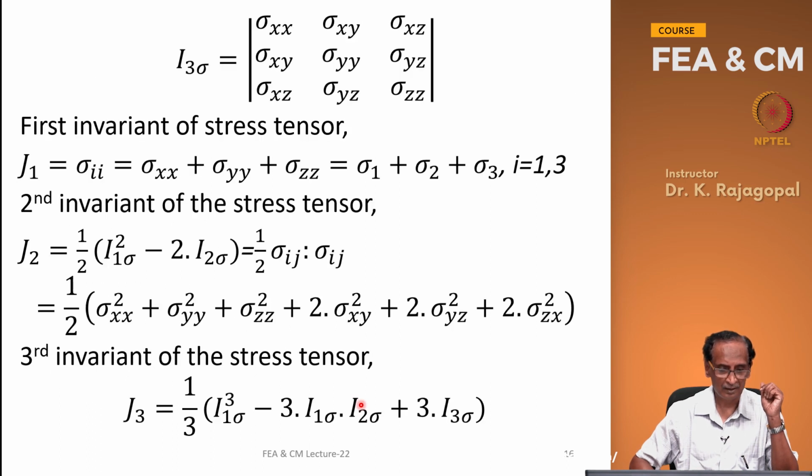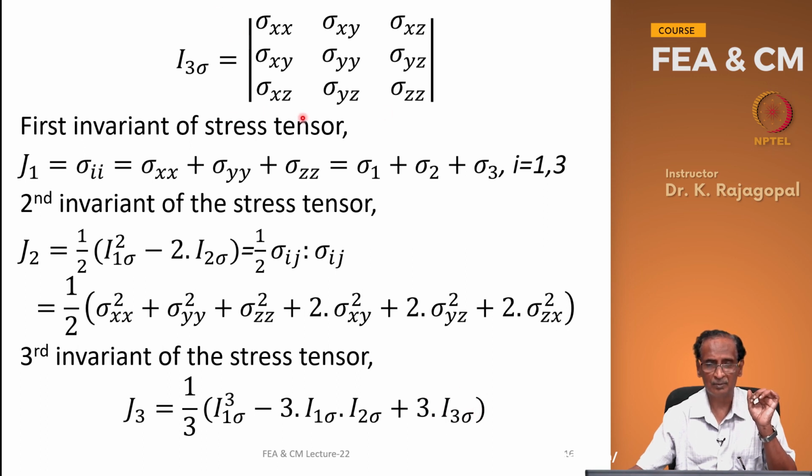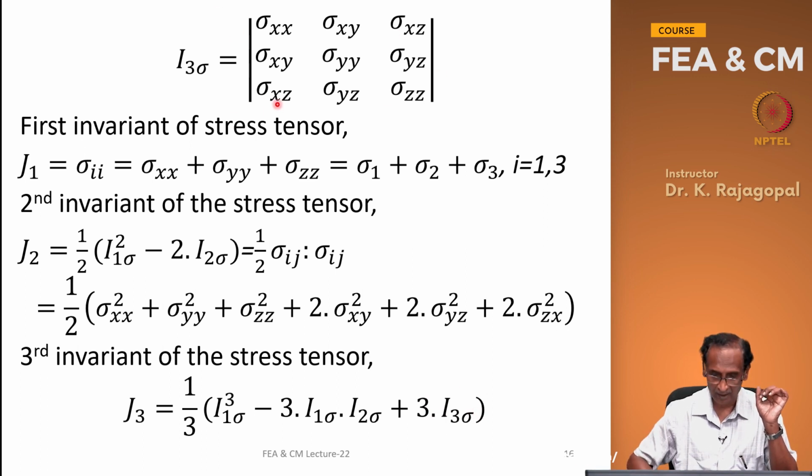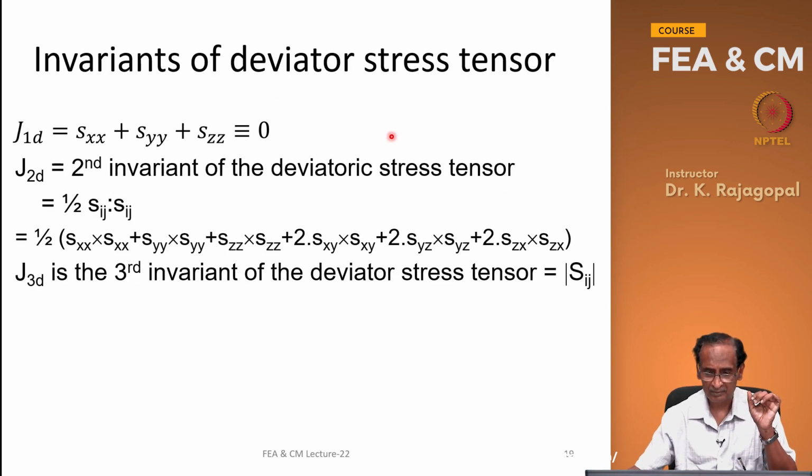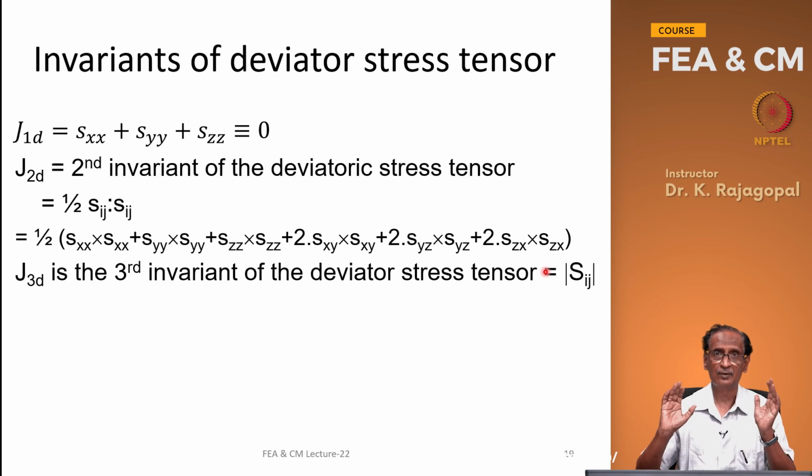And then for J3, I1 sigma is 0 for the deviatoric stress tensor, so you are left with only I3 sigma. I3 sigma is the determinant, and for the deviatoric stress tensor, this is just the determinant of the deviatoric stress tensor.